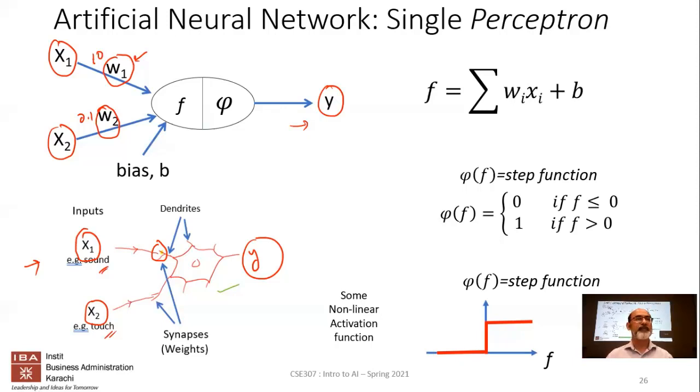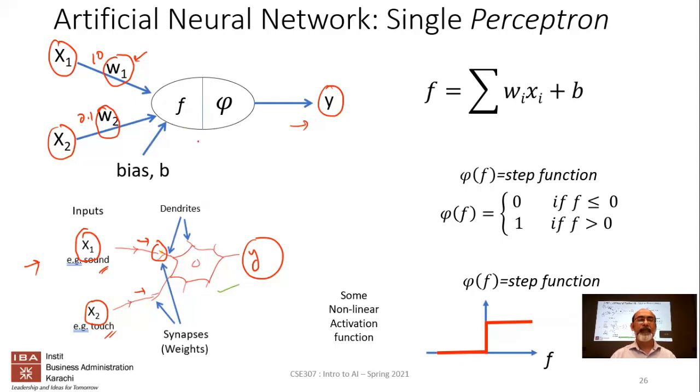It's like when your mom comes in the morning and shouts at you, wake up, right? You're now tuned to that sound, but she doesn't move you around, so you're not tuned to the touch. That's kind of like real-world training. So each weight could have a different value depending on which of these synapses has been more trained, or is stronger.